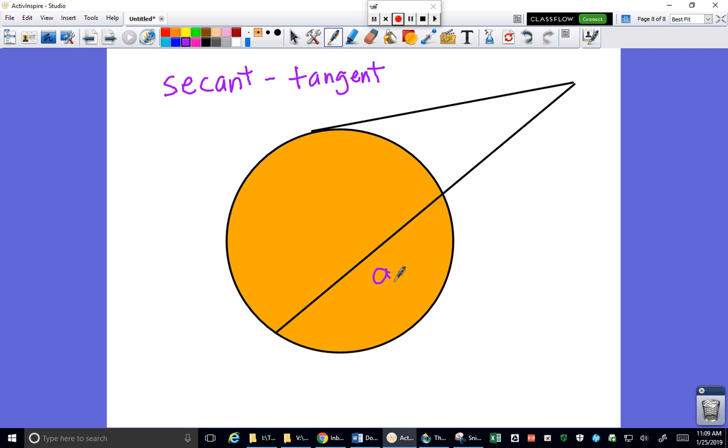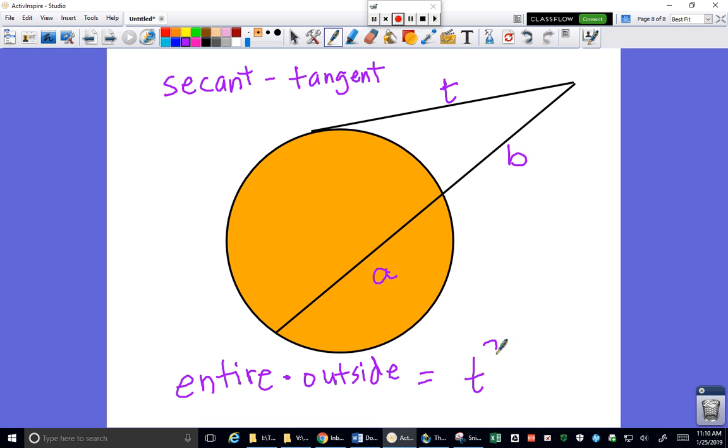So once again, we have three lengths. We have an inside length, we have an outside length, and we have the tangent, which I'm just going to label T or tangent. Okay, very similar to secant-secant, but when we come outside of it, so we have the entire length of the secant times the outside equals, for the tangent, the entire length and the outside are the same.